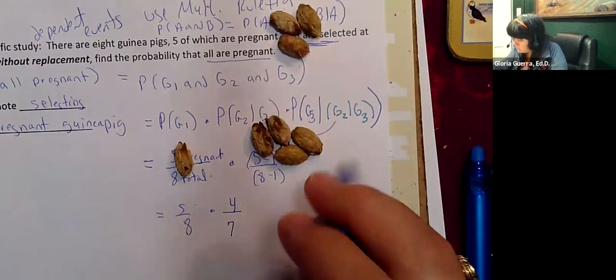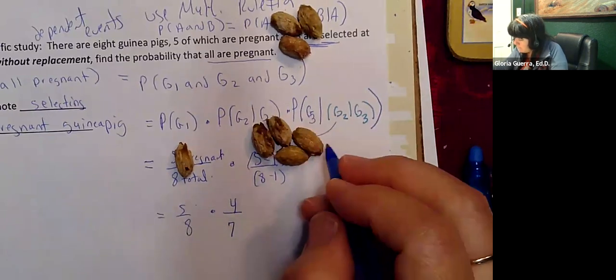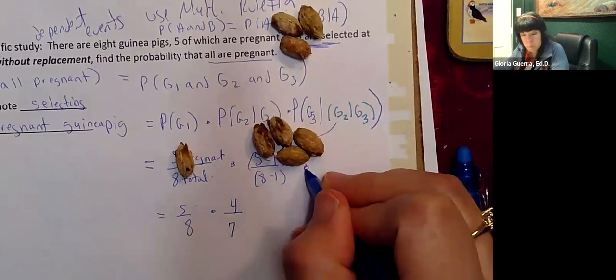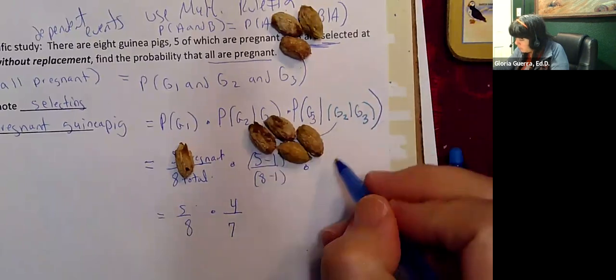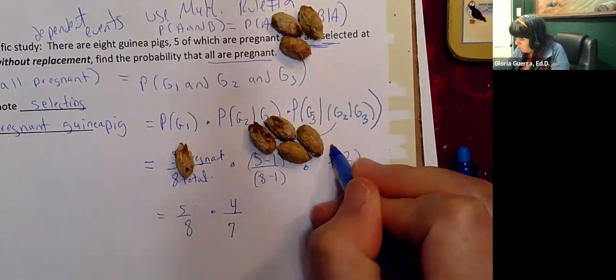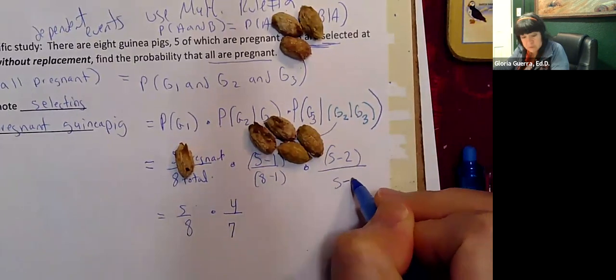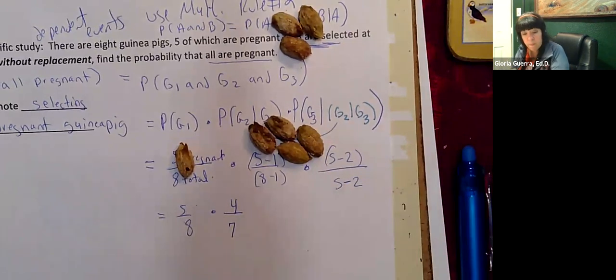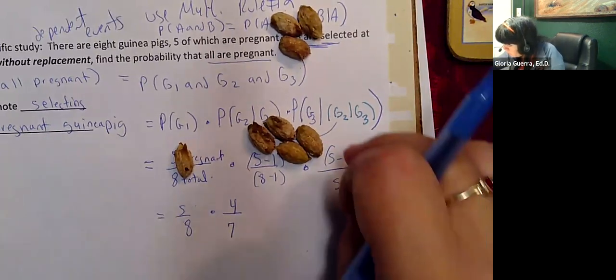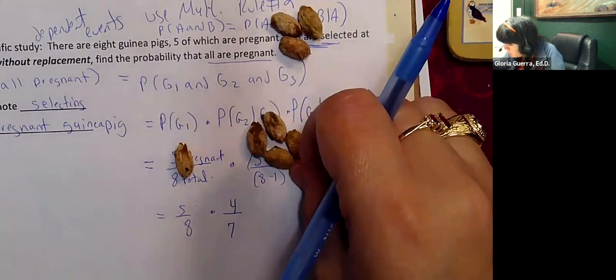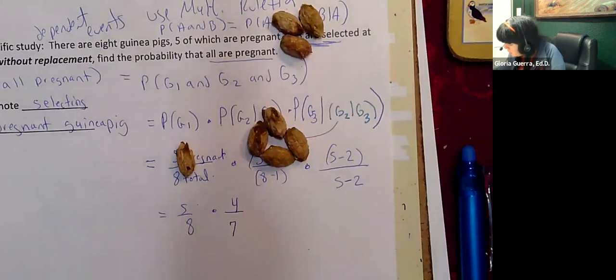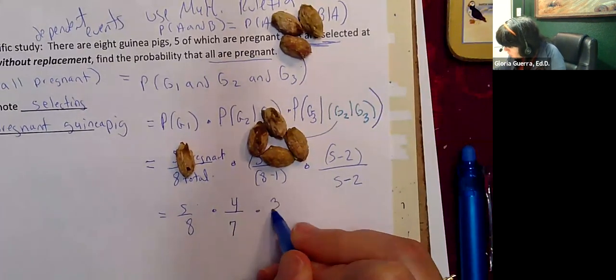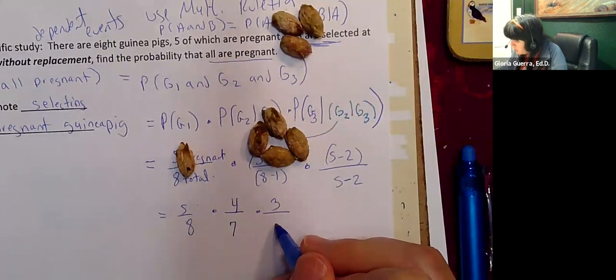And then when you pick the third one, it's going to be 5 minus 2. So 5 minus 2 is 3.